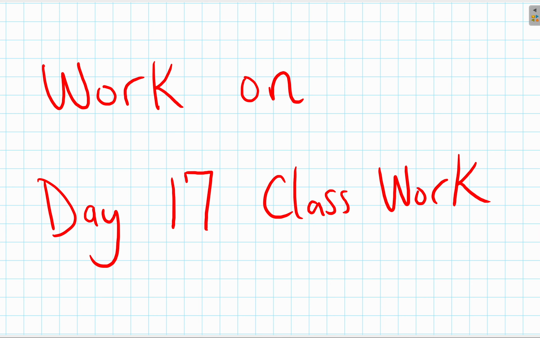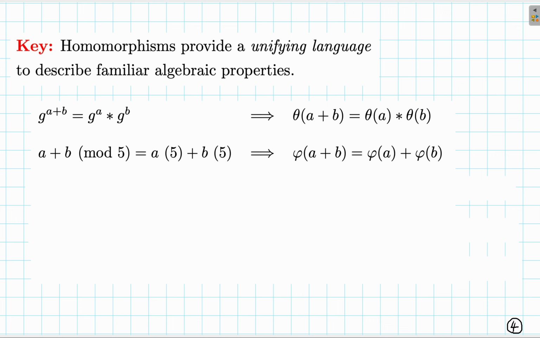What's fascinating about homomorphisms is that they provide a unifying language to describe many familiar algebraic properties. For instance, we've seen this exponent law, g to the a plus b equals g to the a times g to the b, and that was described by a homomorphism theta.